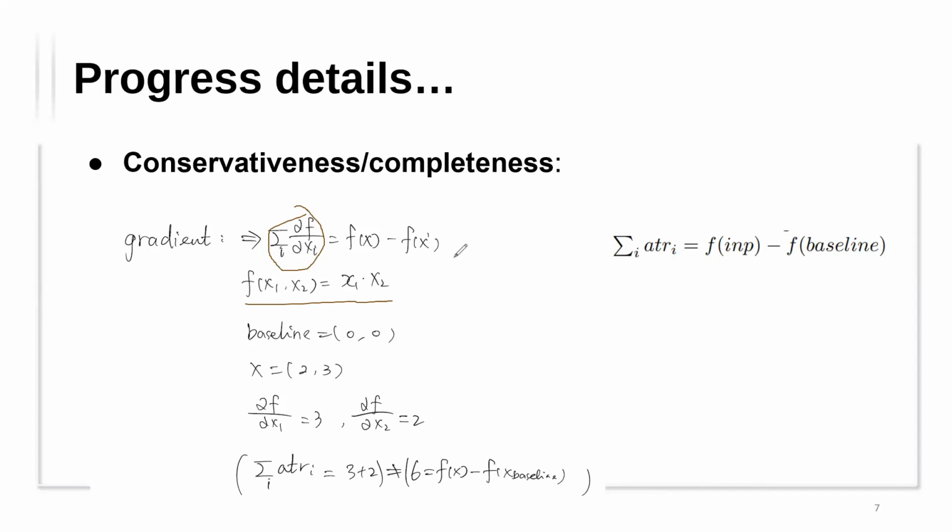But it's very easy to show this is wrong. For example, with a baseline of 0, 0, and x equal to 2 and 3, the sum of the attributions will be 5, which is not equal to the difference of their outputs.